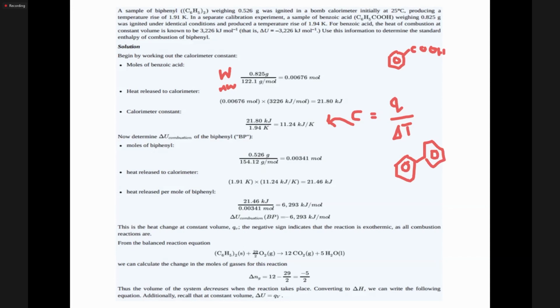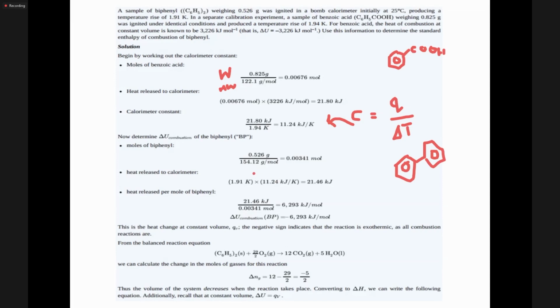For biphenyl, we will also calculate the moles. Here it is given that 0.526 gram of biphenyl is present, so we divide by the molecular weight, 154.12 gram per mole.